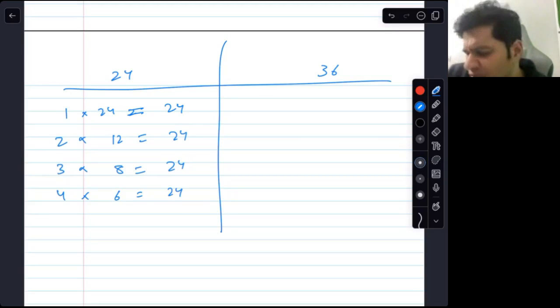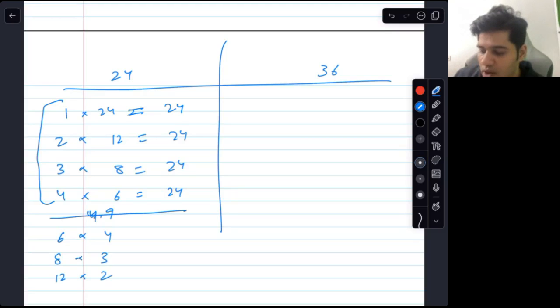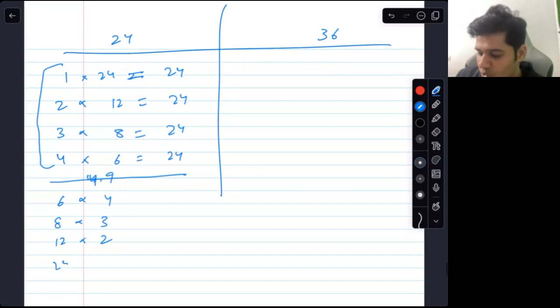The square root of 24 is somewhere here, 4.9, because 5 square is 25. After the square root point, there are no new factors. This only becomes a mirror image. 4 into 6 becomes 6 into 4. 3 into 8 becomes 8 into 3. 2 into 12 becomes 12 into 2. 1 into 24 becomes 24 into 1.